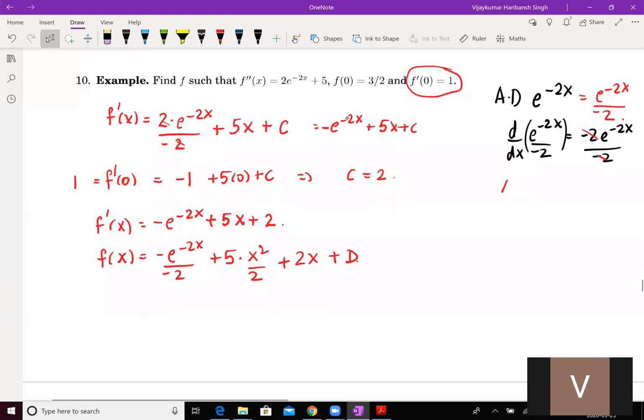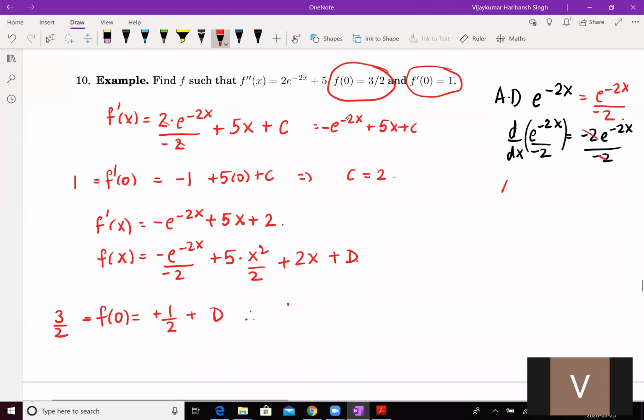Now we need to find out this d. For that, the extra piece of information is given to us. So f of 0 is going to be plus 1 by 2 plus 0 plus d. And on the other hand, I'll get 3 by 2.